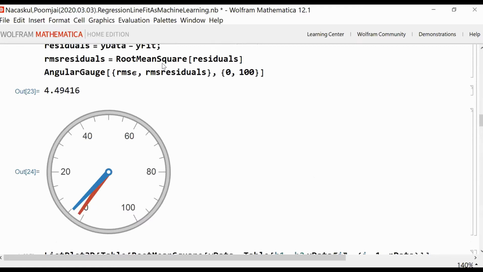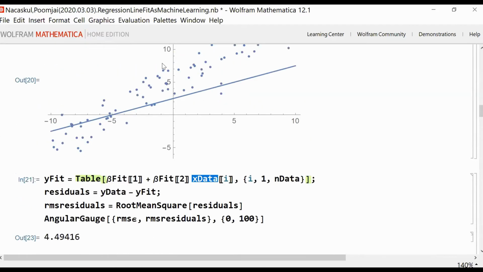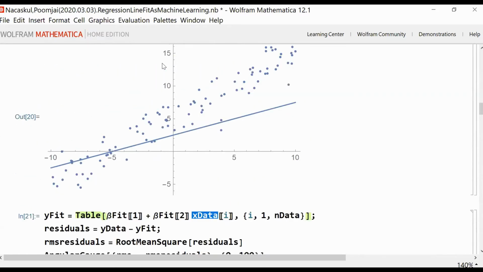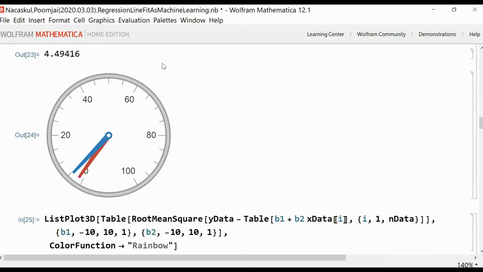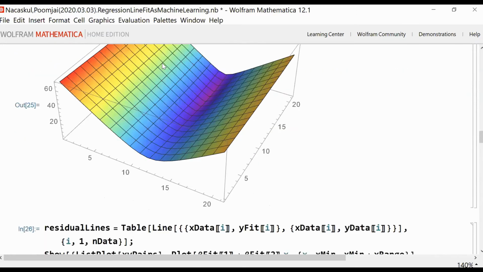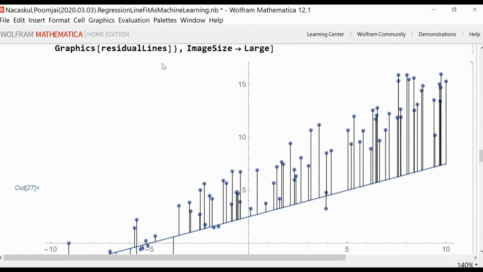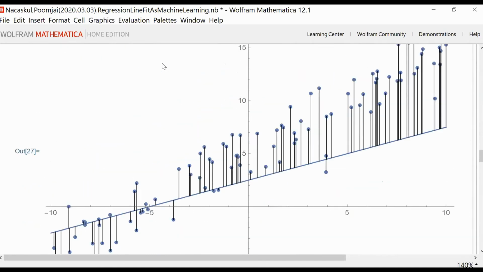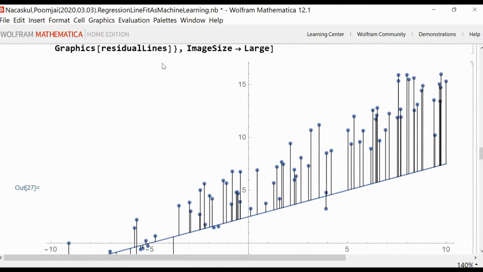In this case, I'm plotting an angular gauge to show the minimum error. That's the red arrow, because I created this data, so I know what the perfect line is. You can't get the error to 0, but you can get it close. For every point, the estimate is the line, y hat.